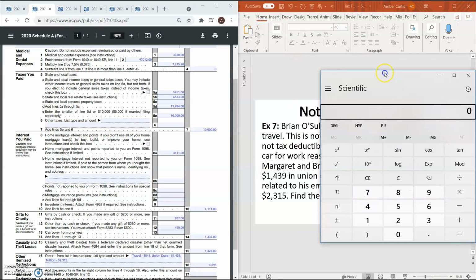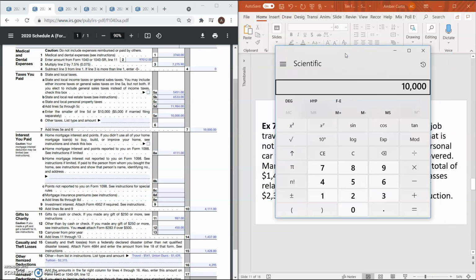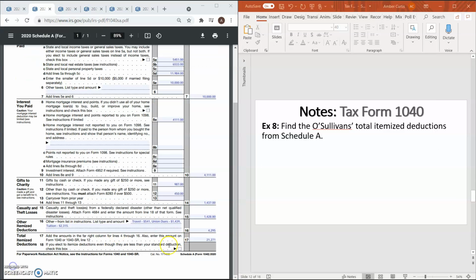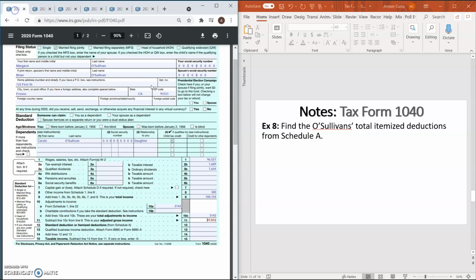Once again, with our calculator, we have $10,000 plus 4,111 plus 1,437 plus 1,428 plus $4,295 for a total of $21,271. Now you'll notice on this form it says that our total itemized deductions is $21,271, and that we need to also enter this onto line 12 of our 1040. So 21,271.